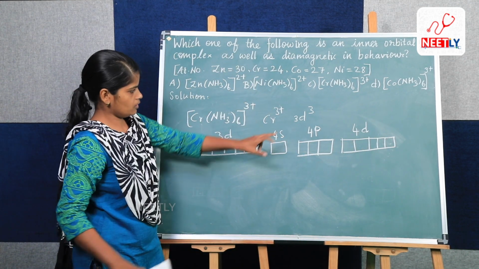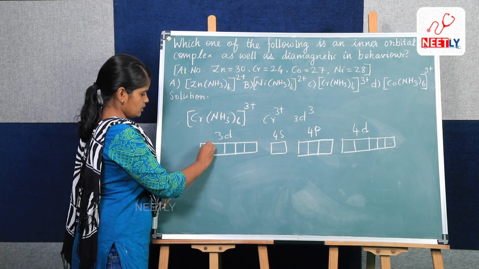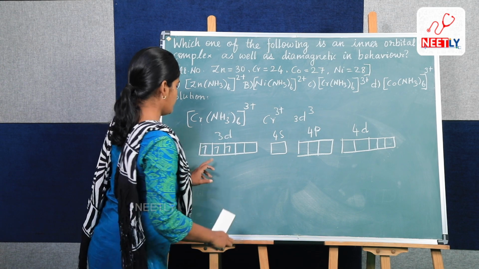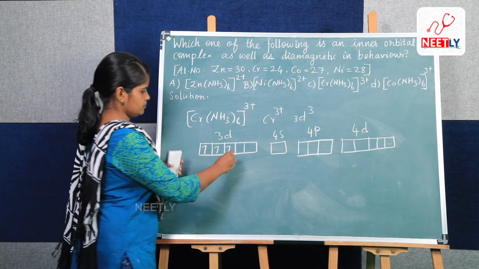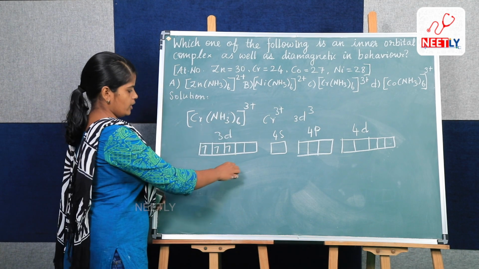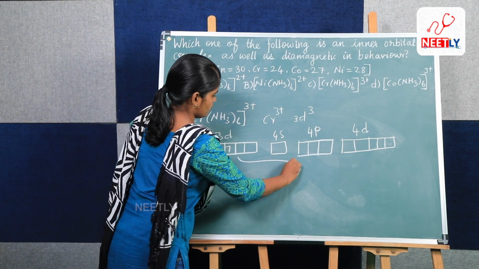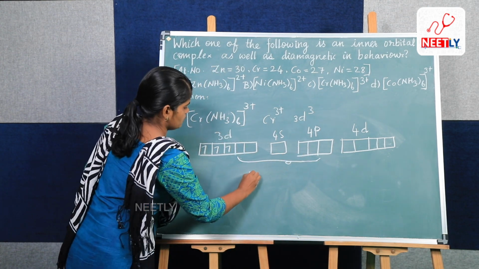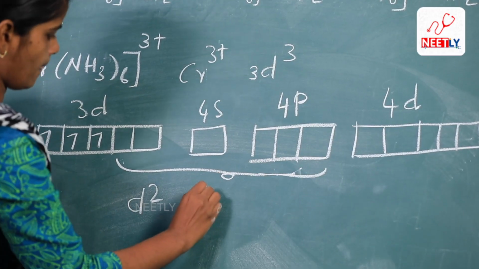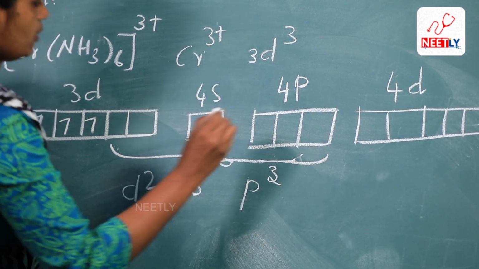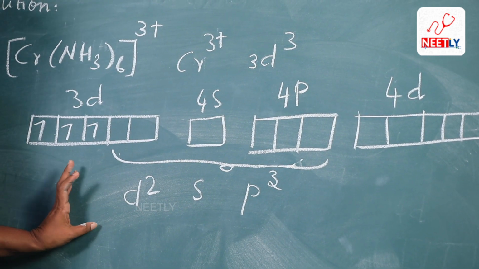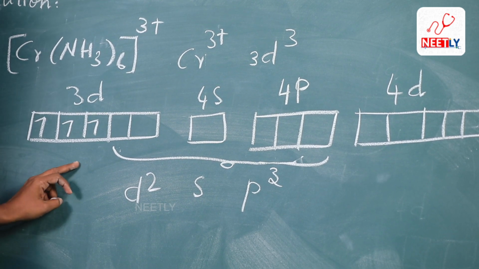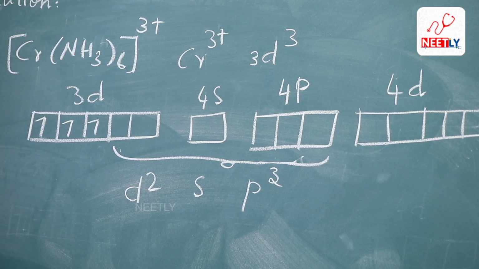Here, if I fill the d electrons in these orbitals, then all the electrons are not paired up, they are unpaired, and in the presence of ammonia they will make bonds here. So, d2sp3 hybridization. So this is actually an inner orbital complex, but it has unpaired electrons, so this is paramagnetic, not diamagnetic, so this is also wrong.